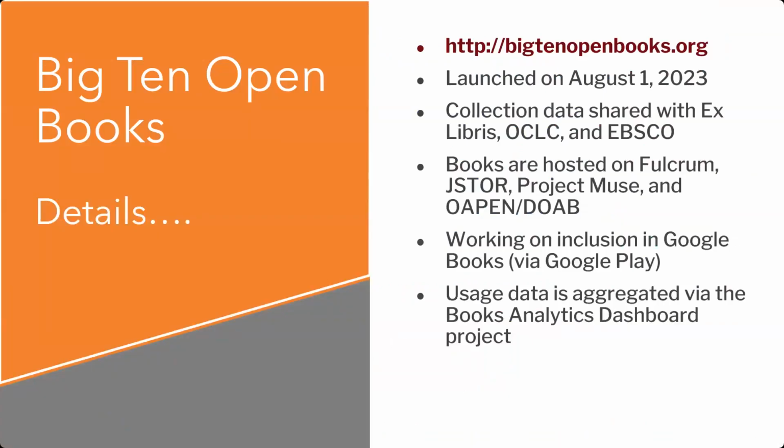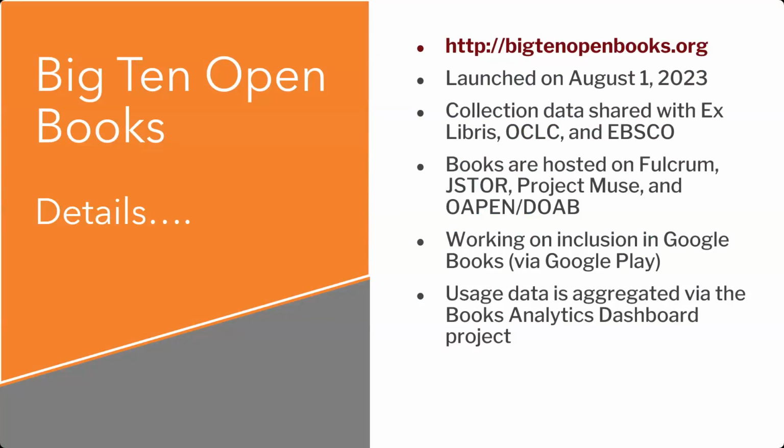So this is just a few practical details about Big 10 Open Books. It was officially launched on August 1st, and the collection data is available through partners such as Ex Libris, OCLC, and EBSCO. And we're working on inclusion in Google Books.